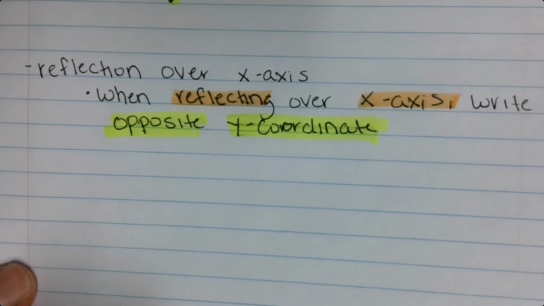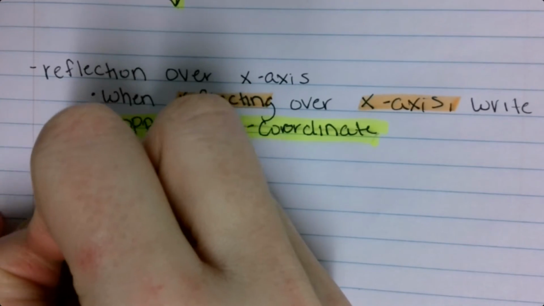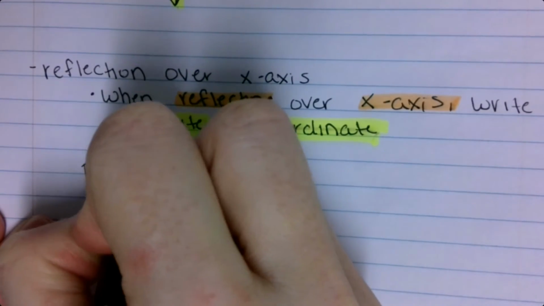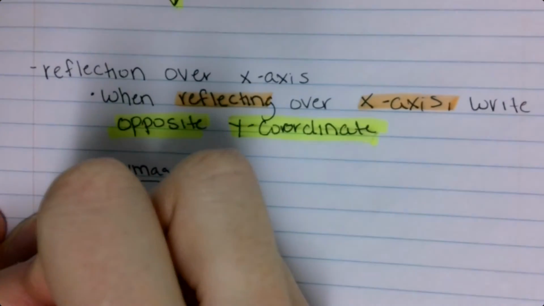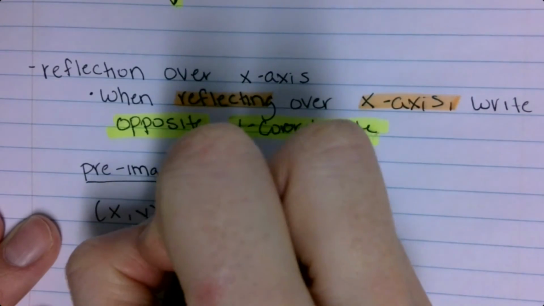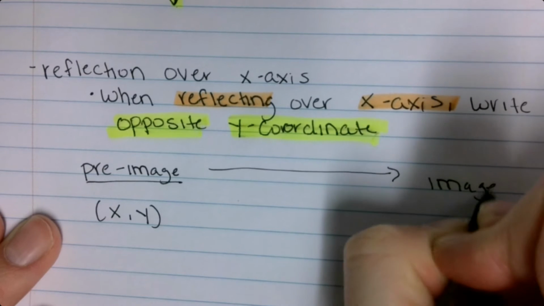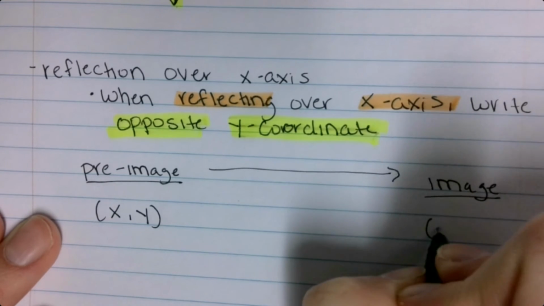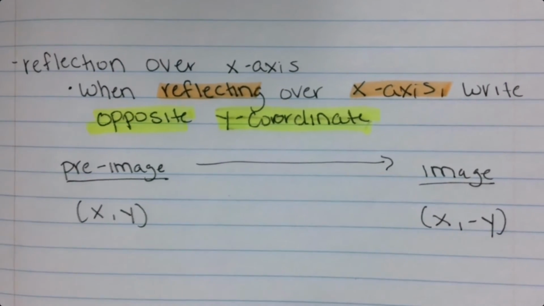All right. So what I mean by that is if you have the pre-image of x comma y, then the actual image, right, after the transformation would be keep your x, make the y a negative.